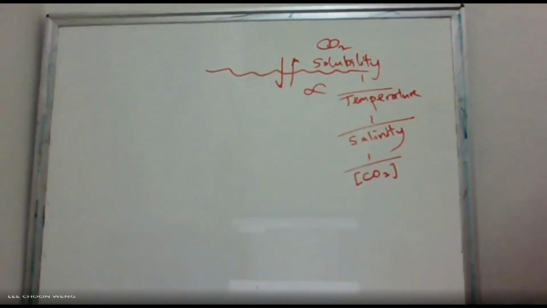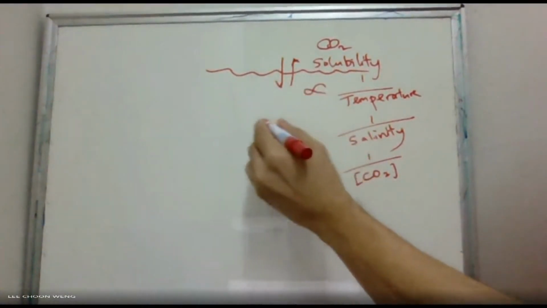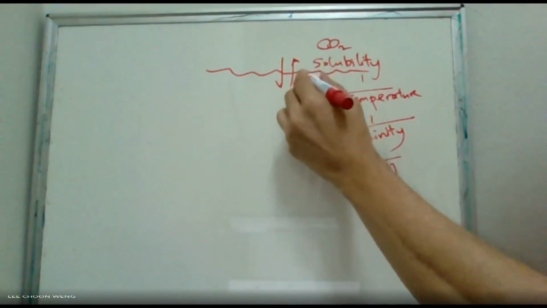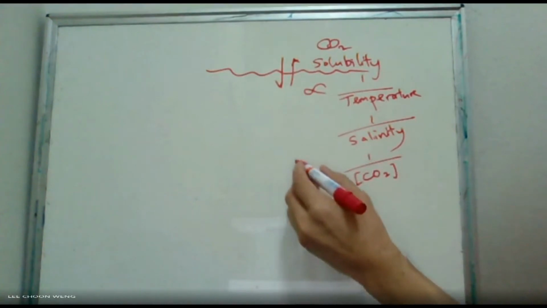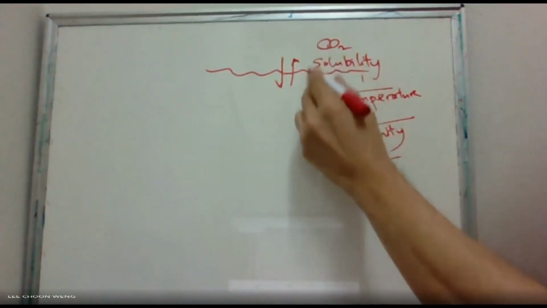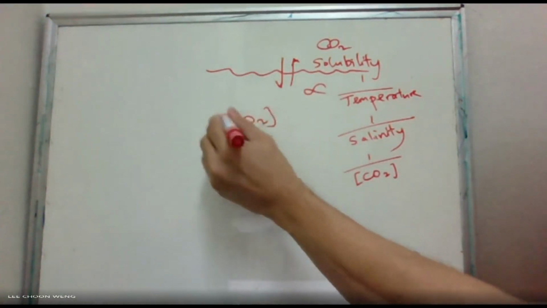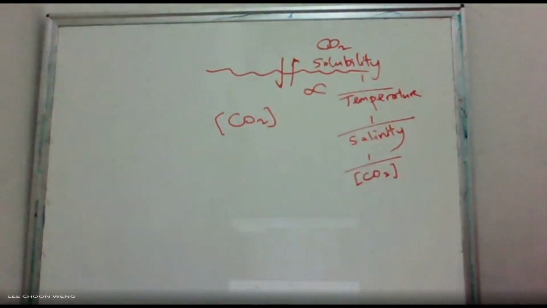Okay, so what does this mean? This means that when the temperature is high here, the solubility of CO2 decreases. Salinity is high here, solubility of CO2 decreases. And when the concentration of CO2 is high here, the solubility of CO2 also decreases.